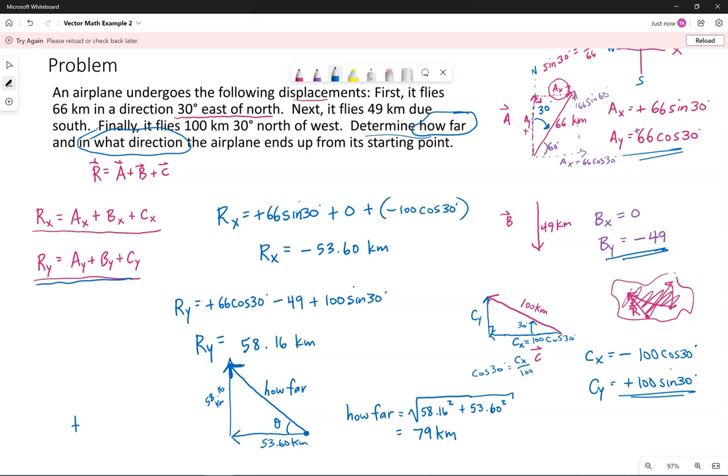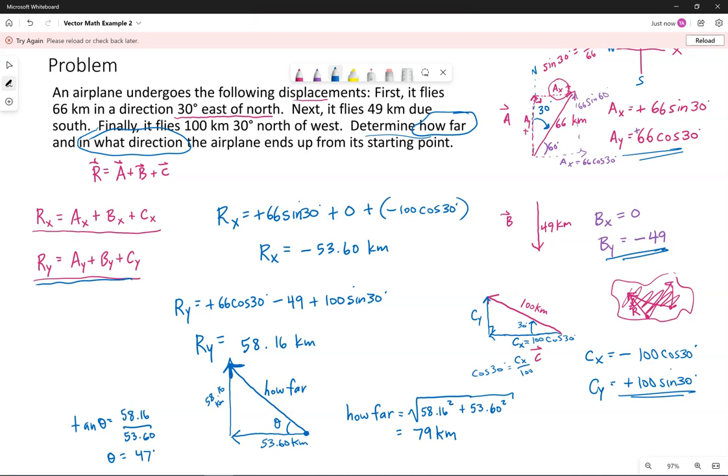We can say that the tangent of that angle is the opposite side over the adjacent side. So if we take the inverse tangent of both sides, we get 47 degrees.